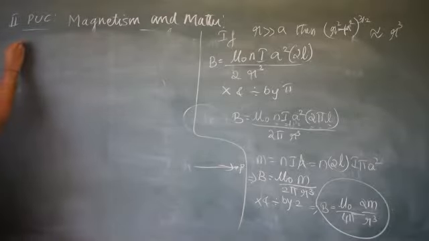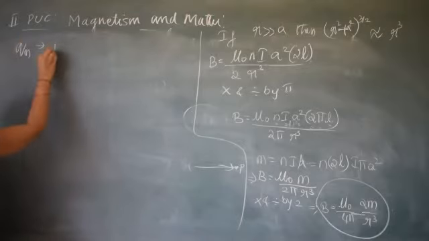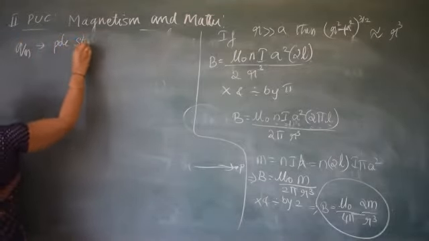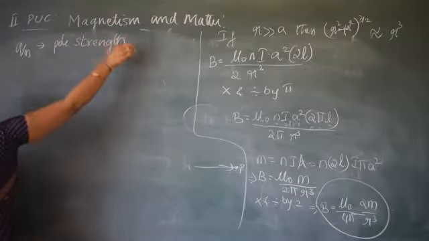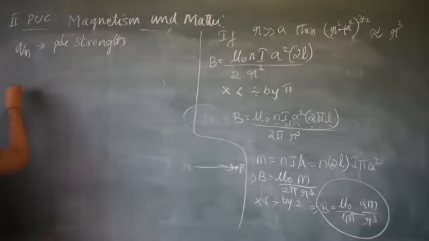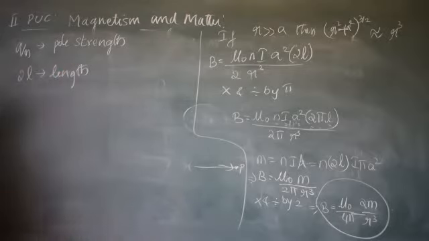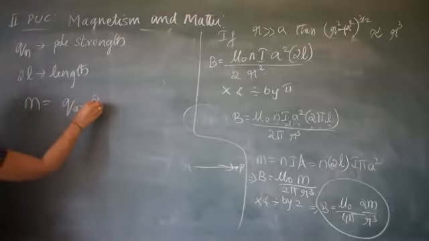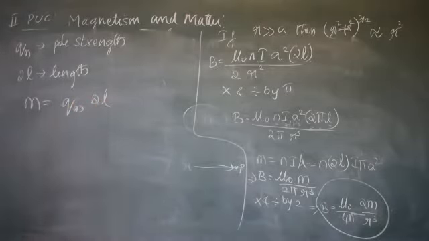Suppose Qm is nothing but called the pole strength. North pole, south pole and all are there now in a magnet. So suppose Qm is the pole strength, then for a bar magnet of length 2L, can we write the expression for the magnetic moment as M is equal to Qm into 2L.